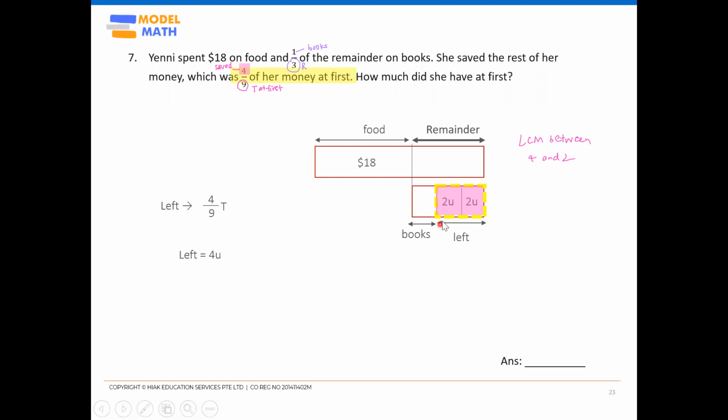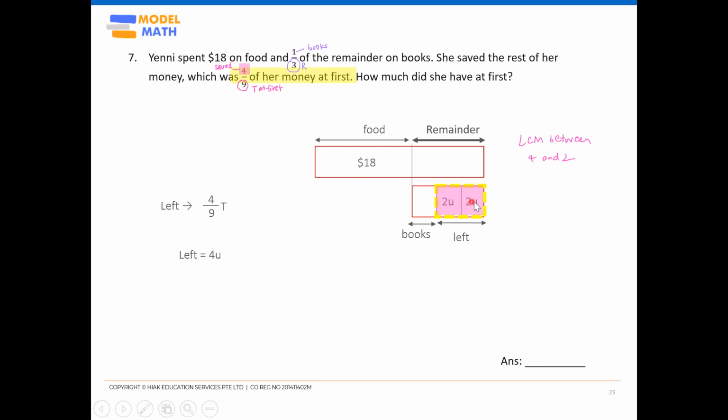Because the left is treated as 4U, right? So you see, 4U, 4U. Same. Which means you have already made sure that they tally with each other. Of course you can further cut. Some of you don't like to put this, you want to further cut into 4U. It's not wrong also, but it will look a bit messy, especially when you have to make this into many, many units.